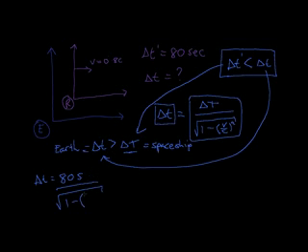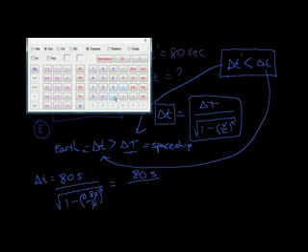The velocity is 0.8 c divided by c, all squared. The c's cancel, and we're simply left with 80 seconds divided by the square root of 1 minus 0.8 squared. 0.8 squared is 0.64. We take 1 minus 0.64, which equals 0.36.